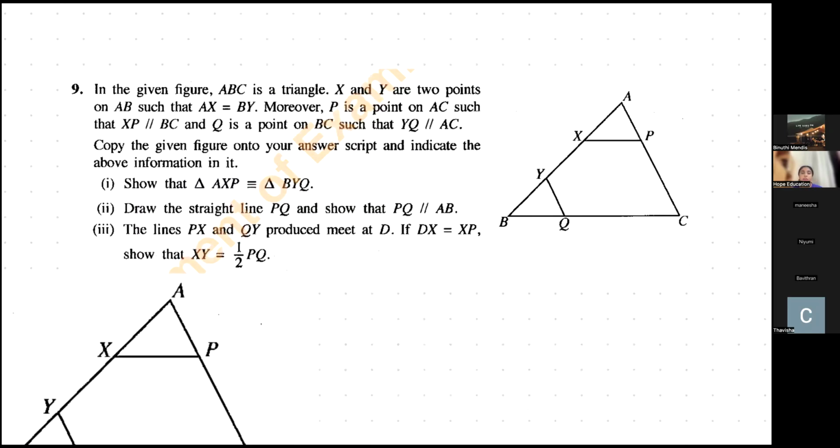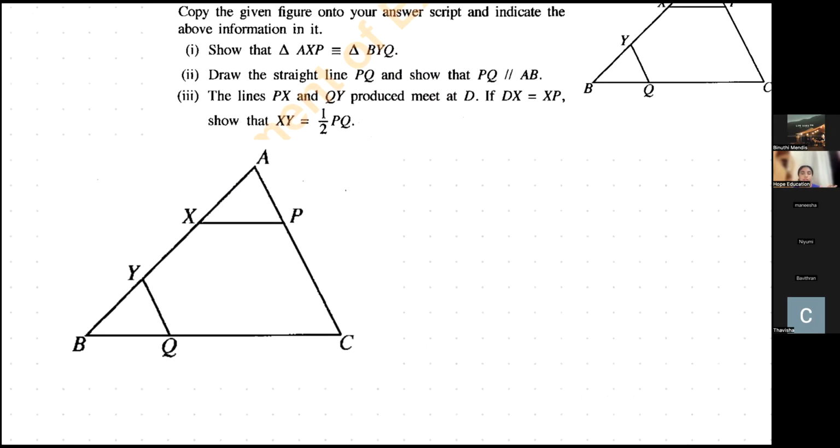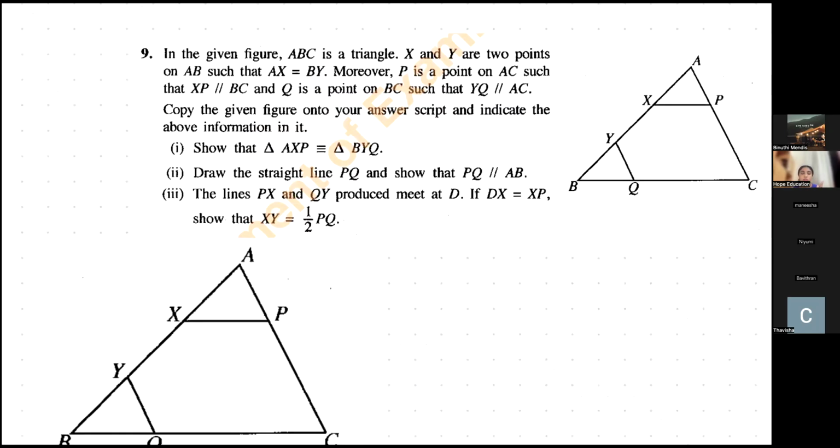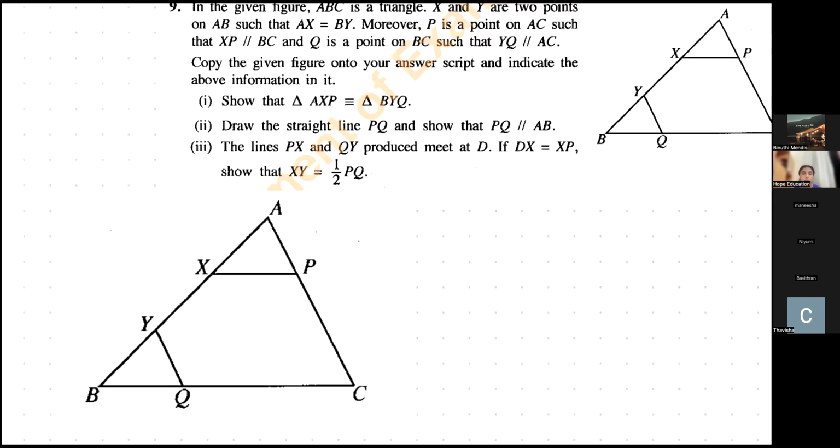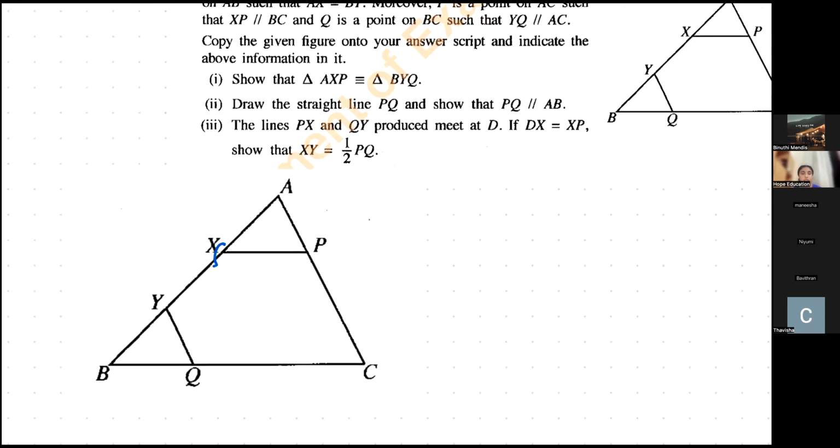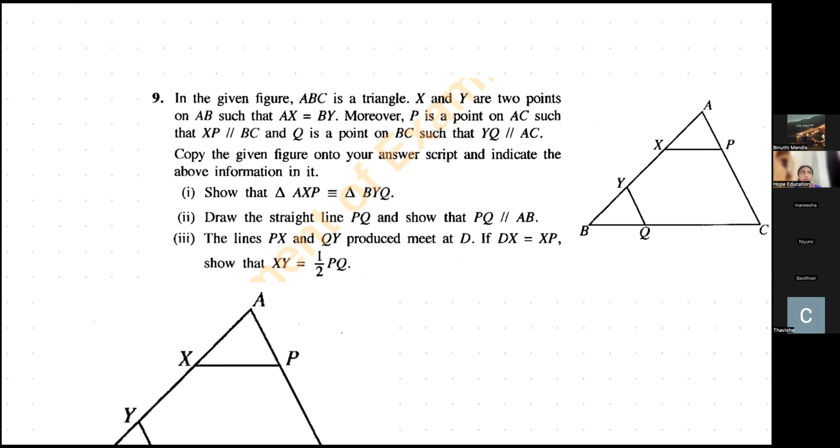In the given figure, ABC is a triangle, which we can clearly see. X and Y are 2 points on AB. The point X and point Y are on AB. All good. Then AX equals BY.